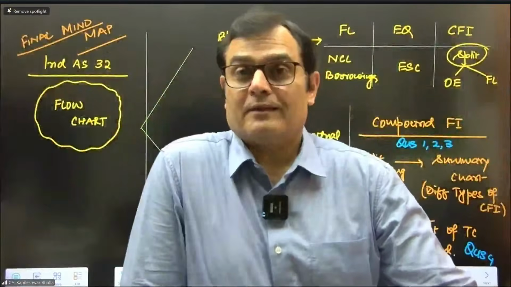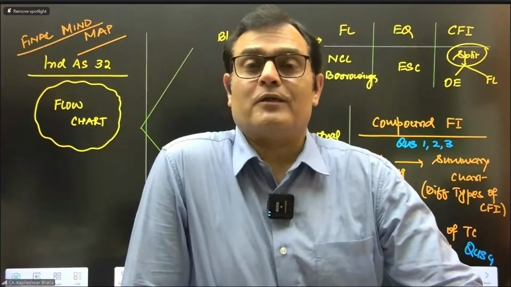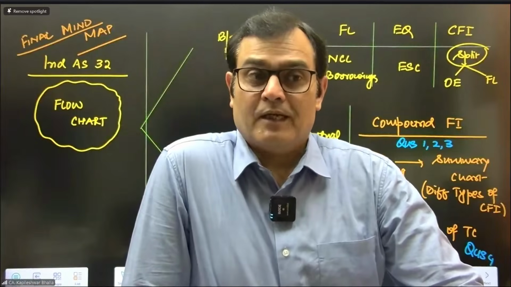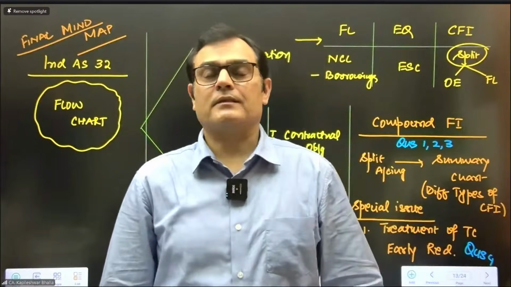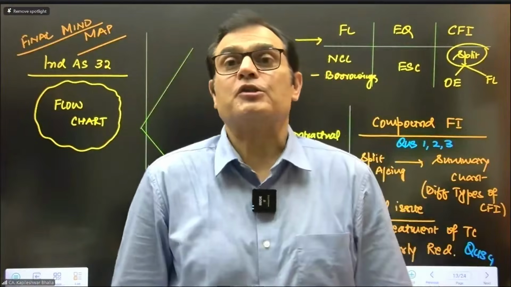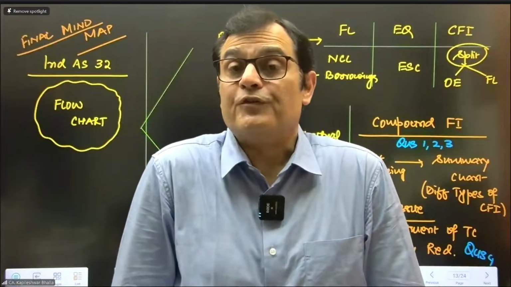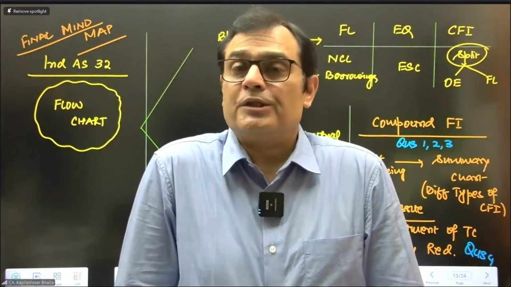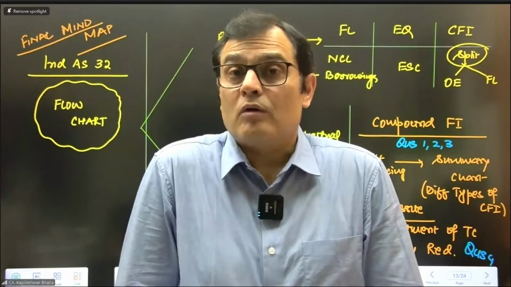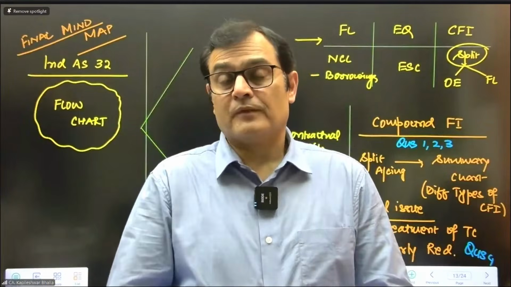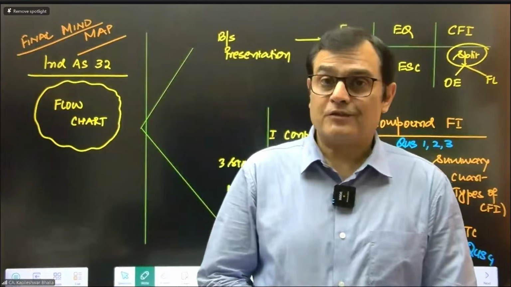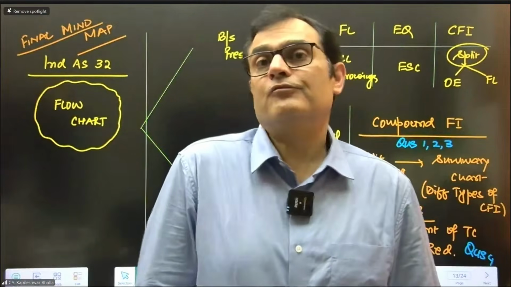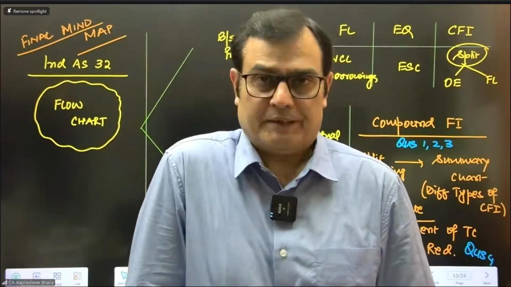So I hope you had a relaxation of mind and a quick recap of what you learned in Ind AS 32. Now we are focusing on the next core element of financial instruments, that is Ind AS 109. Ind AS 32 focused more on the issuer perspective, where you learn the parameters of classifying the instrument and the accounting for a compound financial instrument.